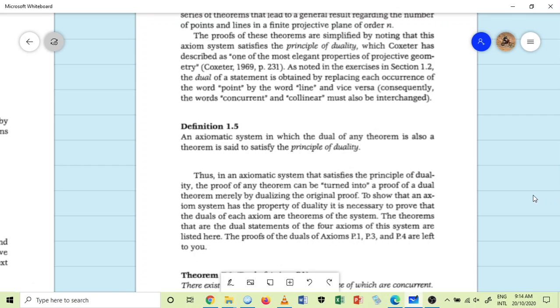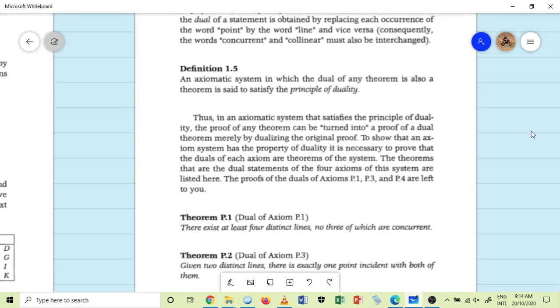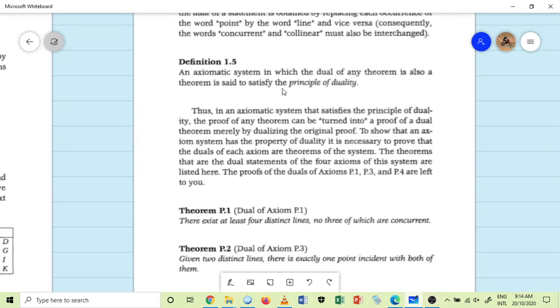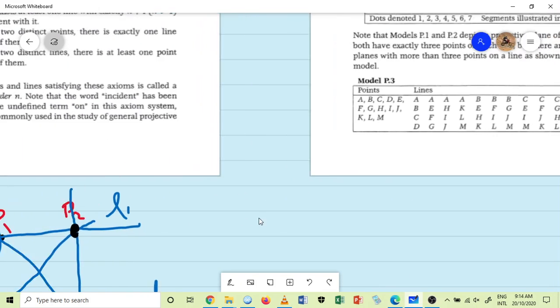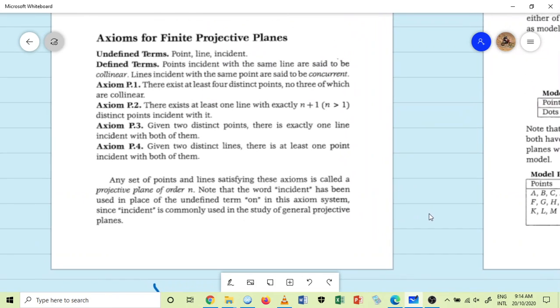Okay, let us now define what the principle of duality means. An axiomatic system in which the dual of any theorem is also a theorem is said to satisfy the principle of duality. Meaning, if we go back to the axioms of the finite projective planes, we have four axioms.